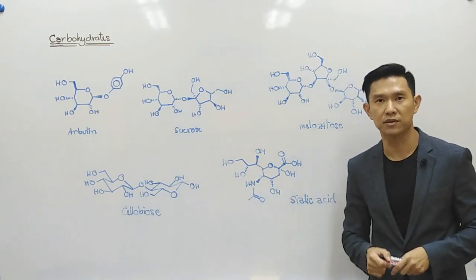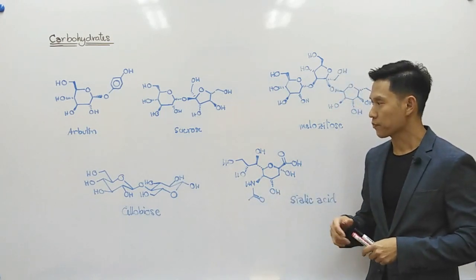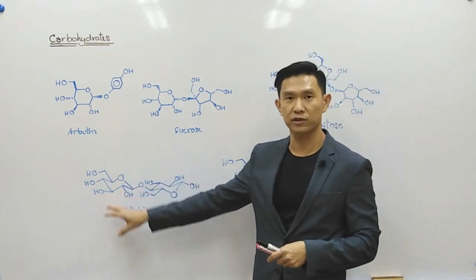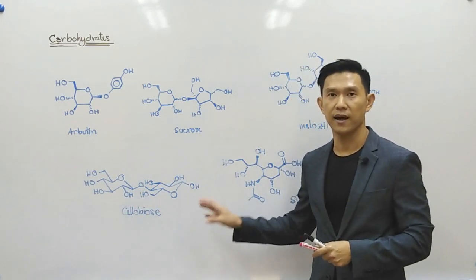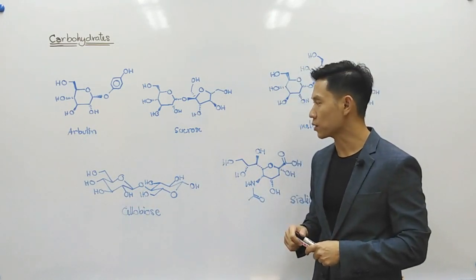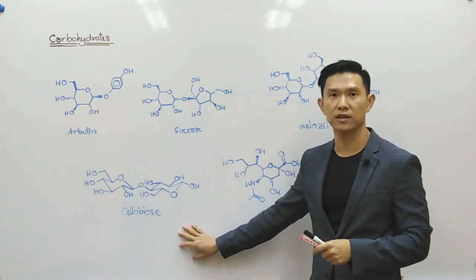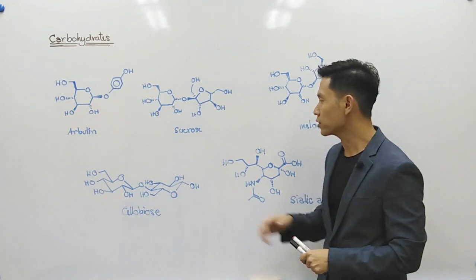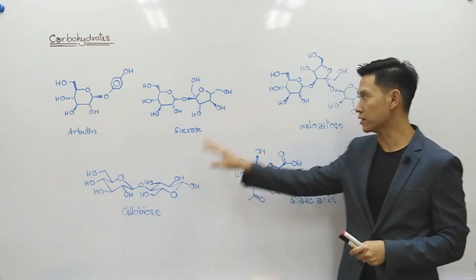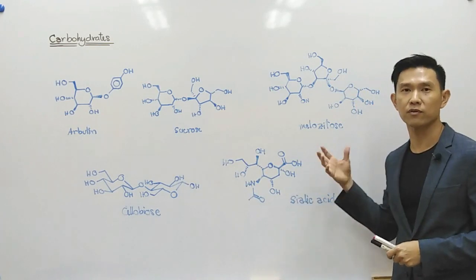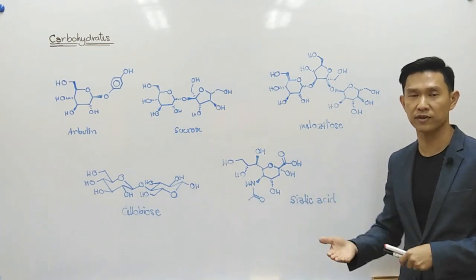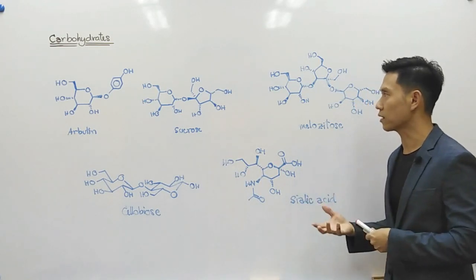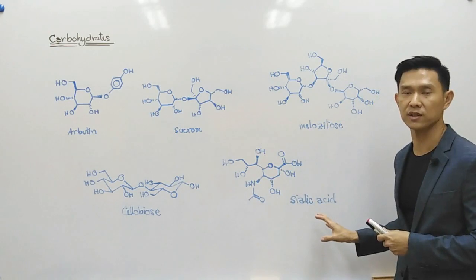What I want you to do is to classify the type of unit, the monosaccharide unit in each structure, and also try to find out whether the compound over here can undergo oxidation by the Benedict test or not. So I will show you the cellobiose first, and the rest of the molecules we will talk about afterwards in the next video, but I will let you discuss the structure of this as your homework.